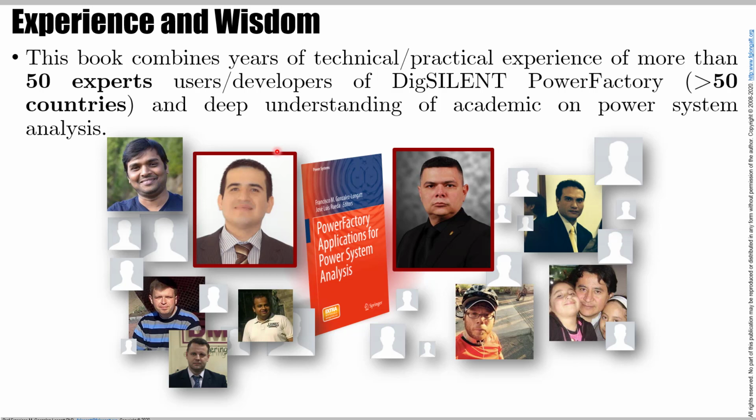I know that a few of my colleagues will be mad that I am showing their faces over there, but I would like you to understand that there are real people behind this book, okay? People with a lot of knowledge and very good credentials. Serious people, okay? Well, we wrote this book. The book has 20 chapters. Today I will be just talking about chapter number 7, that is the AGC model, okay?